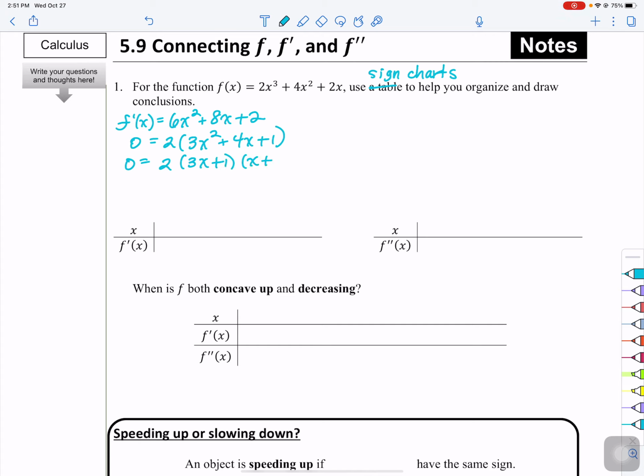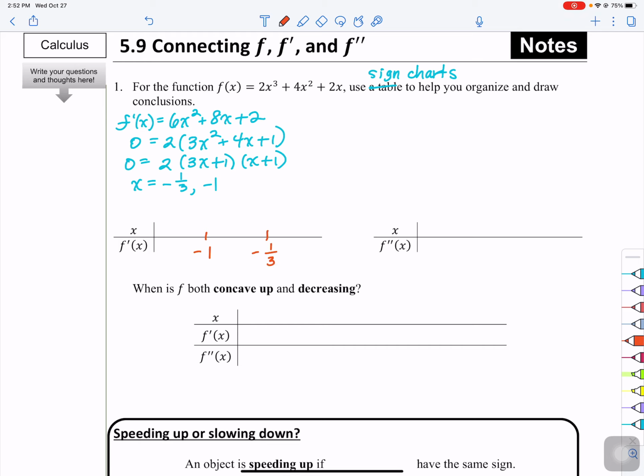You can pause the video while you factor. So here you can see that f prime of x is equal to 0 when x is negative 1/3 and negative 1. So let's go ahead and put those here, negative 1 and negative 1/3.